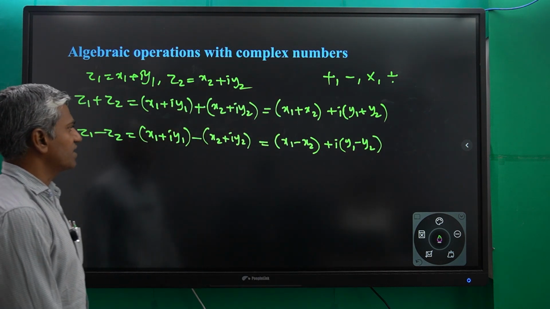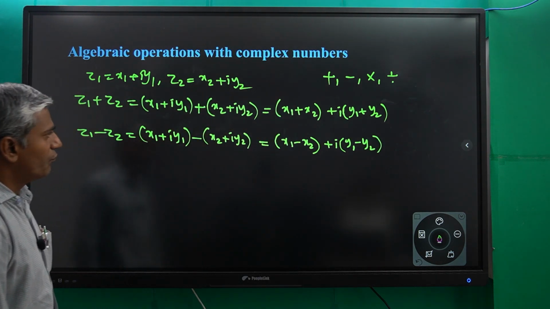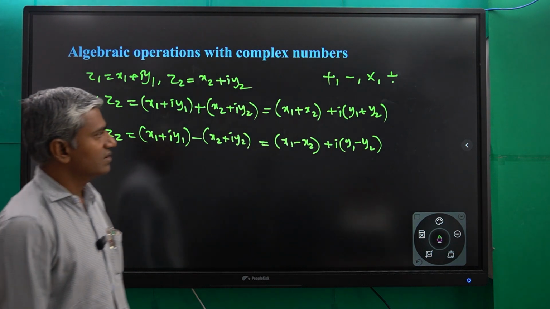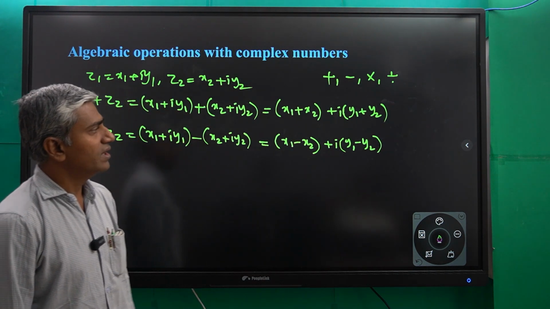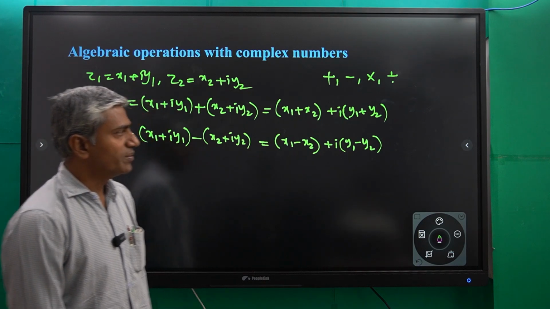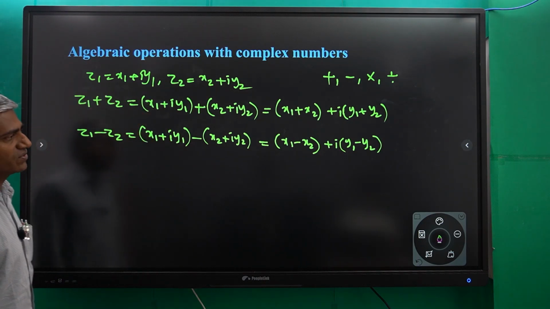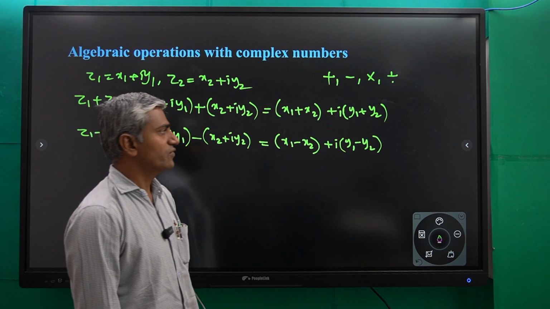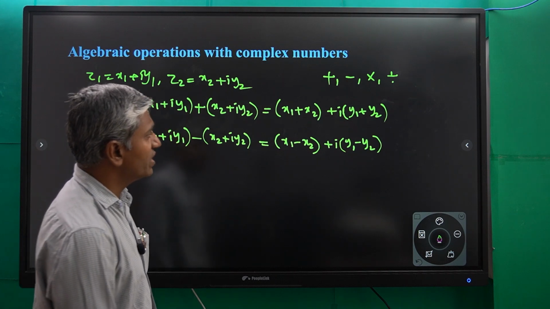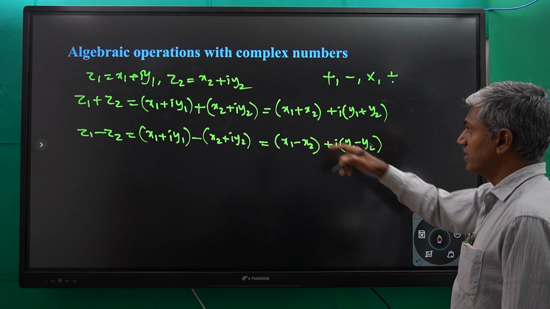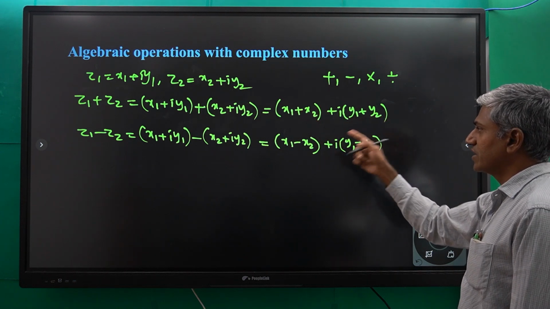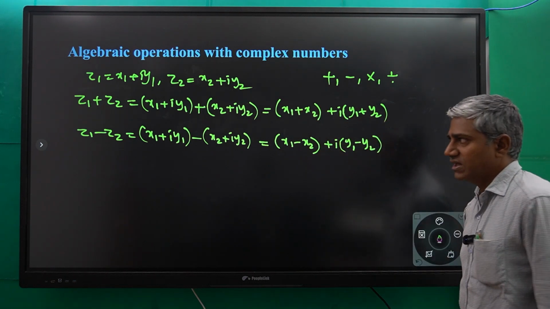If you subtract the two complex numbers, you are subtracting the real parts and, similarly, the imaginary parts. Therefore x1 minus x2 plus i times (y1 minus y2). Of course, we can also represent this in point form, with x coordinates and y coordinates.